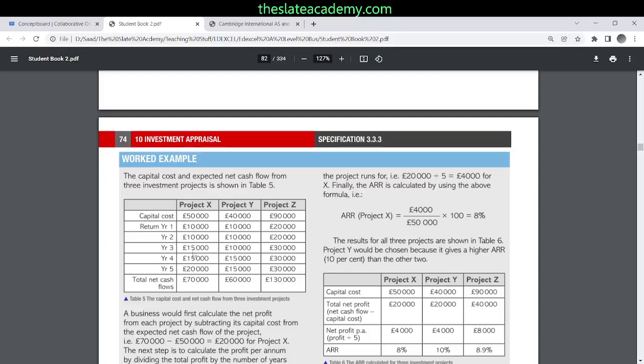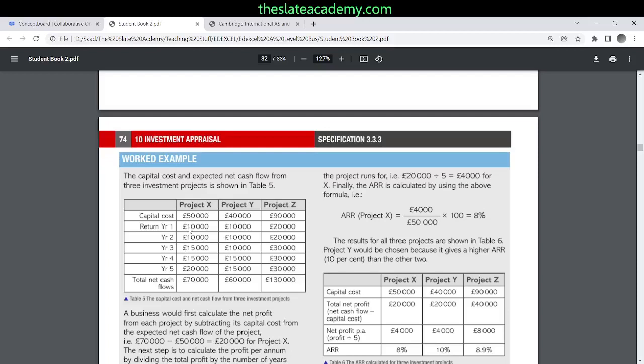And then for the years to come, you will have positive cash inflows. If you add all of these, positive and negative, you will have the net profit for the project.